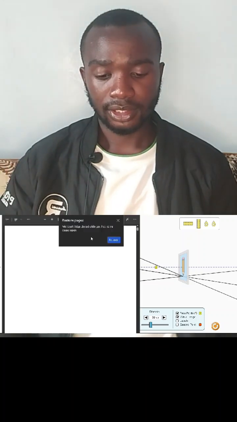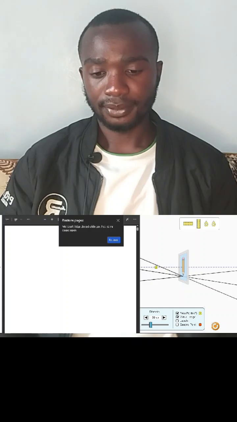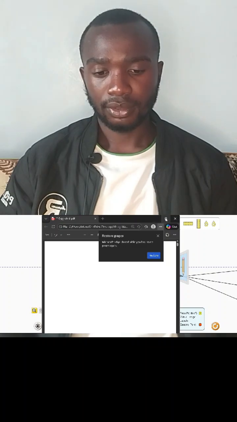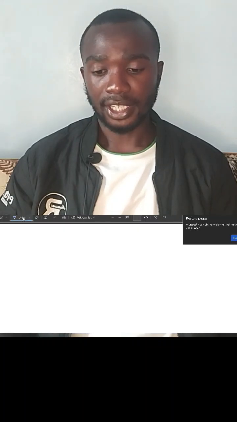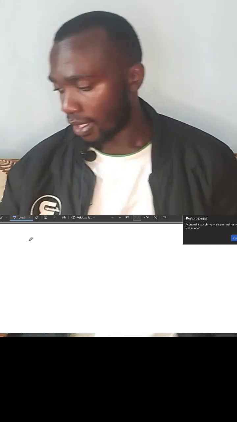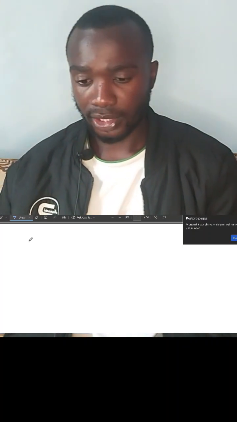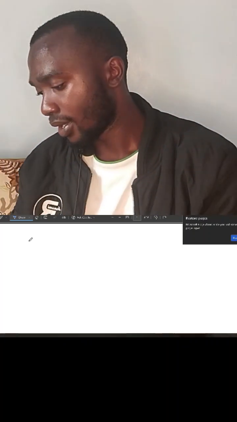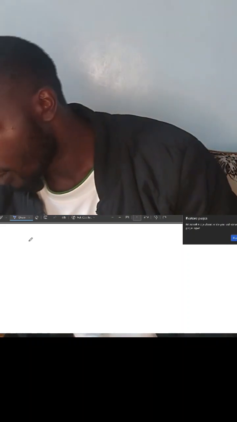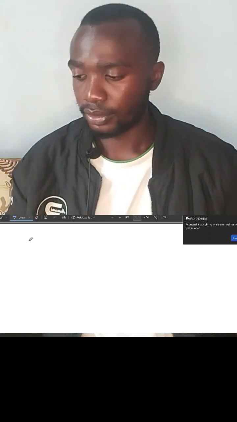So the lenses zinakuanga mara mbili. So tuko na lens inaitwa the concave na pia kuna lens inaitwa convex. So nimewaambia kwamba we are talking about lenses, which is the first chapter in form 4.